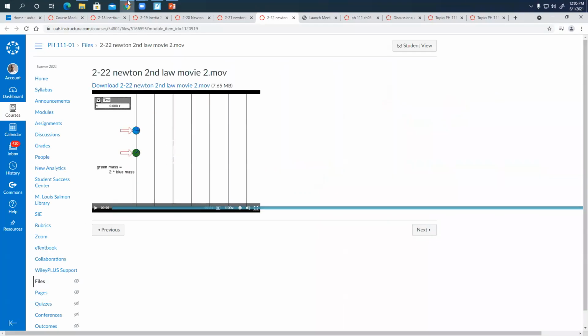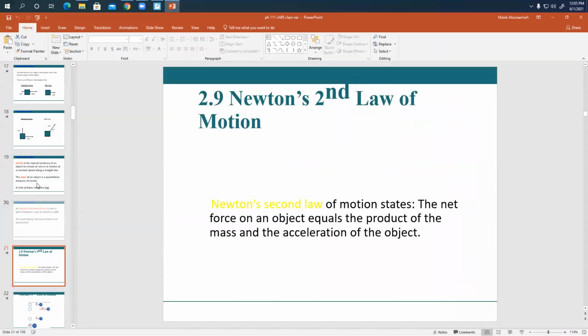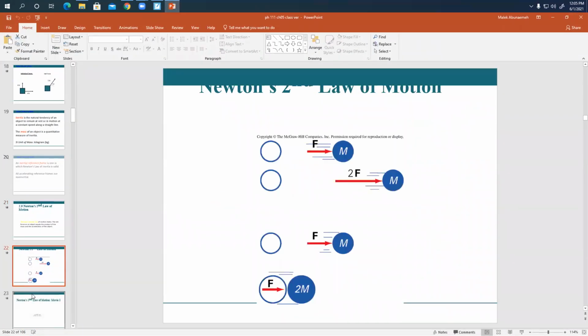And this is exactly what we just saw. In our first example, the force in one of them is twice as much, which means that the one that had the more force actually went further. In the second one, one of them has twice as much mass. That means the one that had the smaller mass actually went faster than the one that has double the mass.